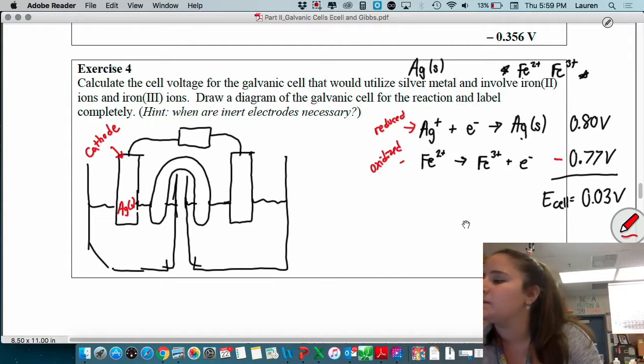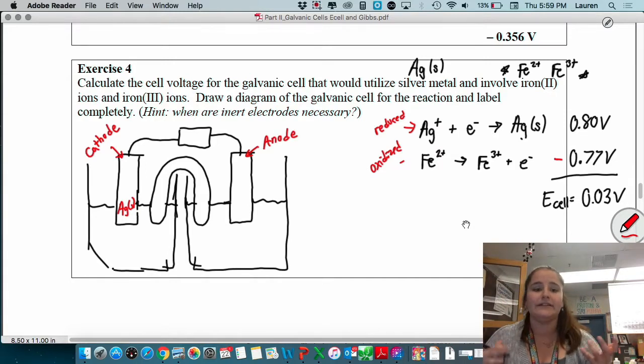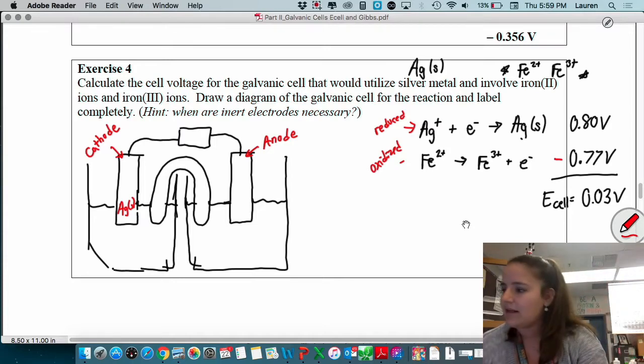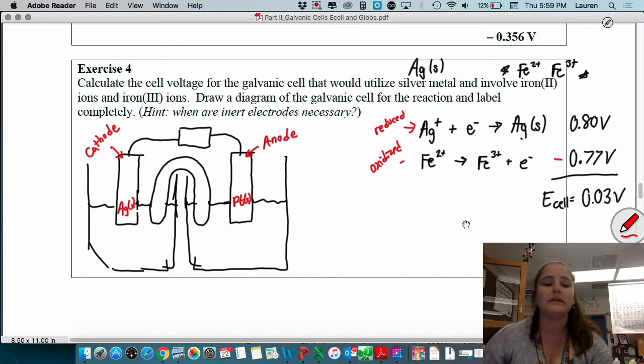So this one must be my anode. And at my anode, I just have iron turning into other iron, not iron solid. So that's when we need an inert metal like platinum. Platinum is our go-to.